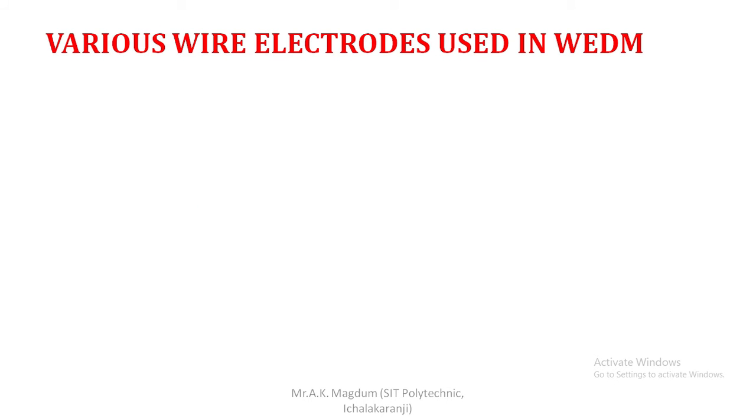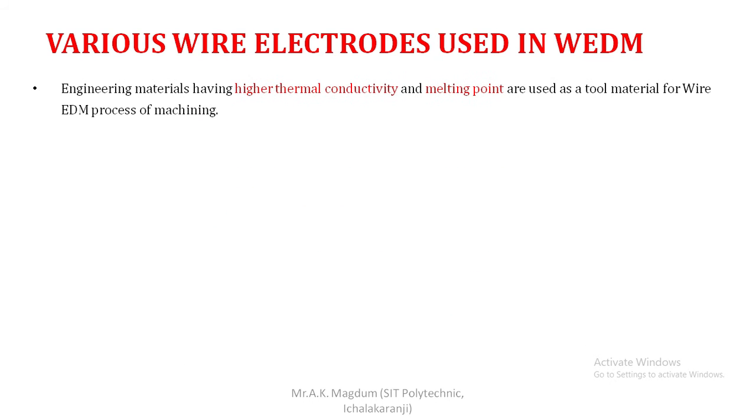Next, the various wire electrodes which are generally used in the wire EDM process. First of all, engineering materials having a higher thermal conductivity and melting point are used as the tool material for wire EDM machining. High thermal conductivity and high melting point are a basic requirement.